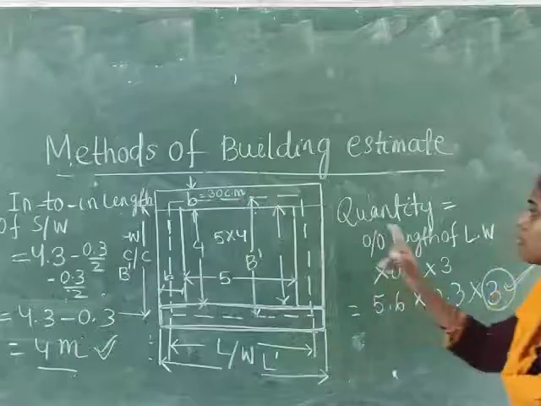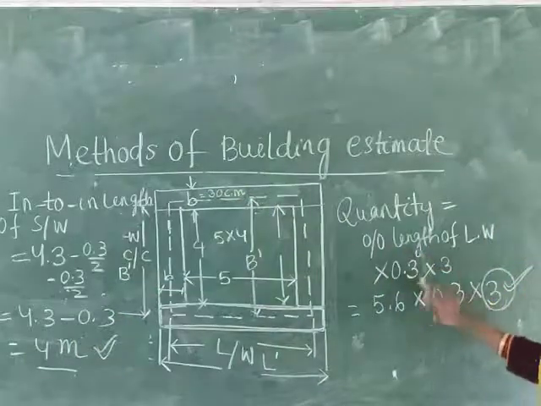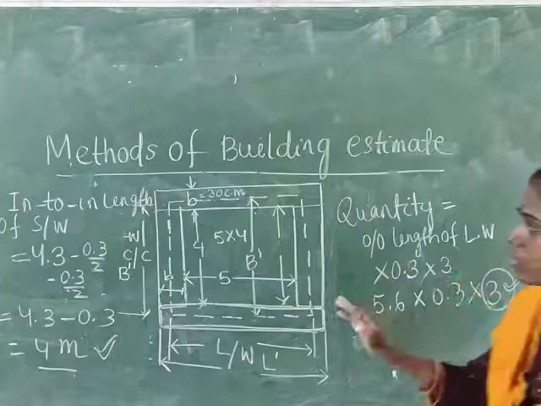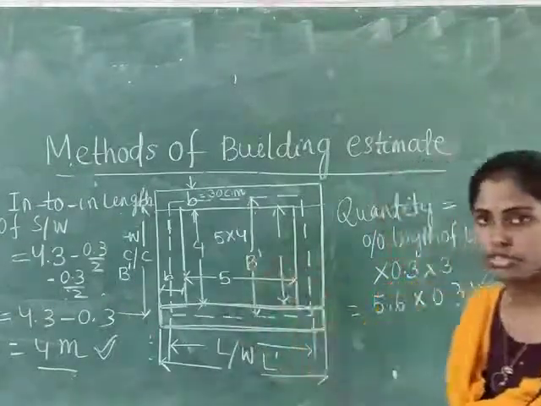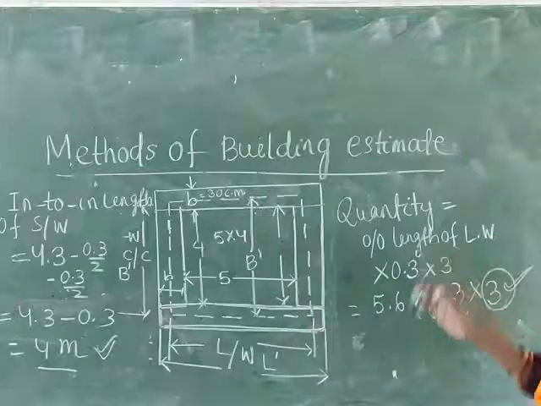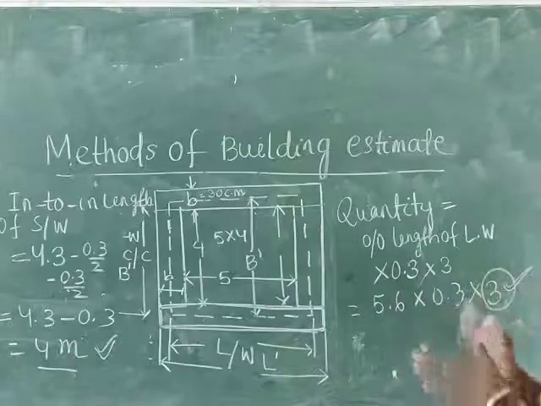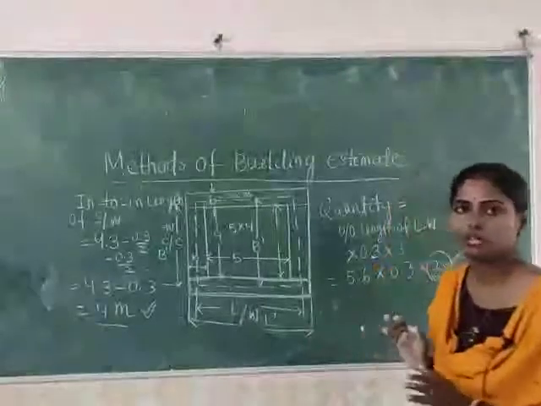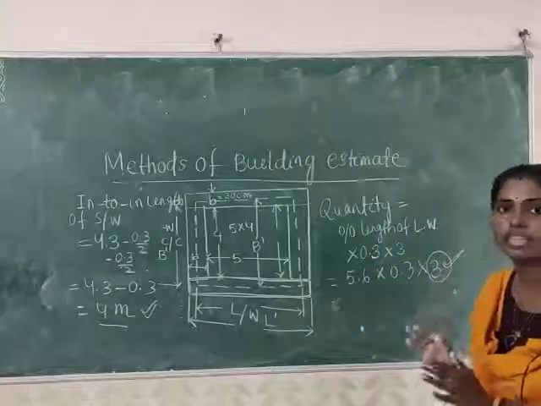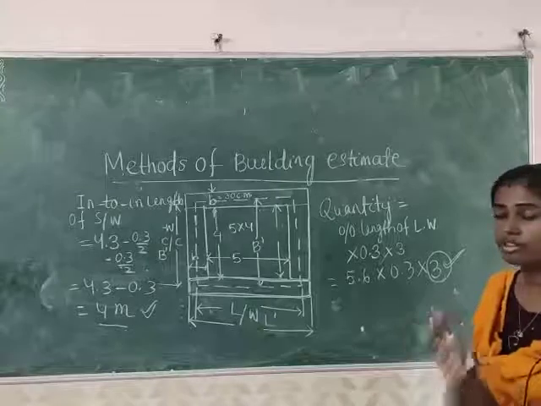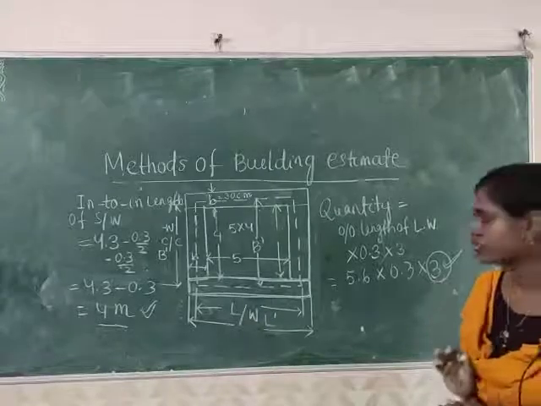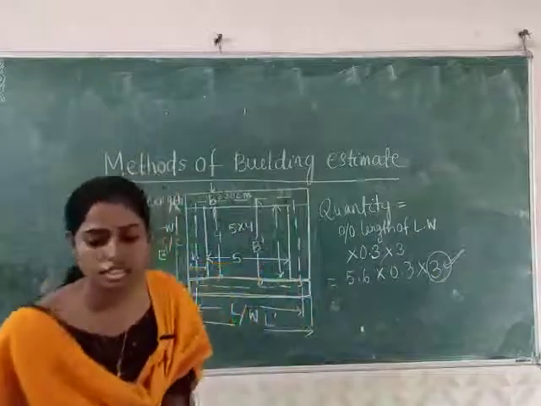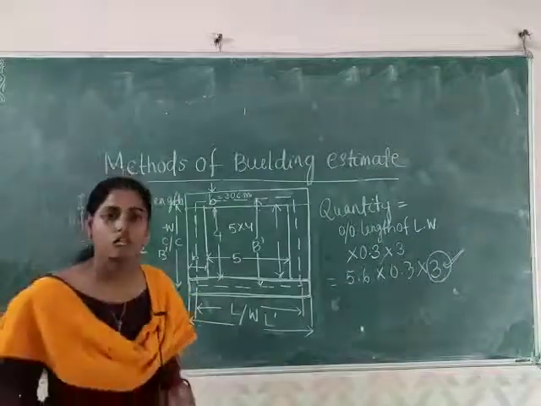With that you will multiply the corresponding breadth and height of the superstructure wall to get the quantity of brickwork in superstructure in the short wall. After getting the long wall quantity and short wall quantity, you simply add both to get the total quantity required for brickwork in superstructure. Similarly, we can calculate the other items of the wall.